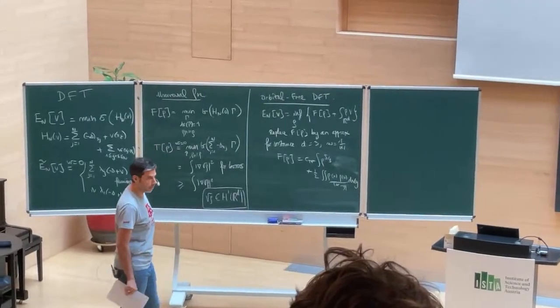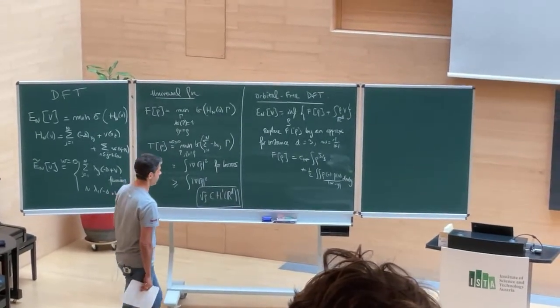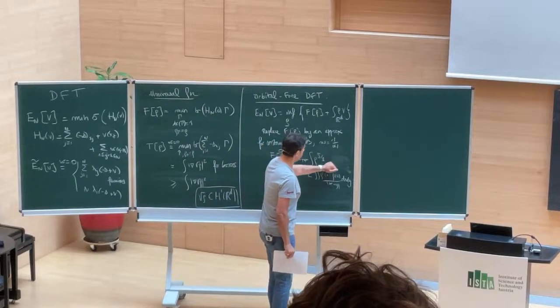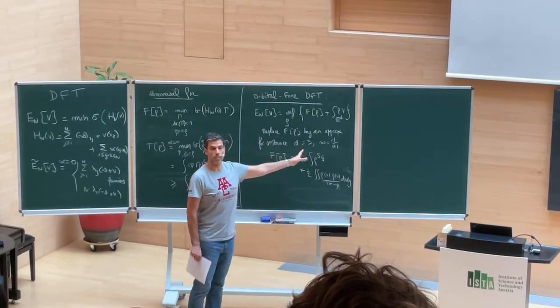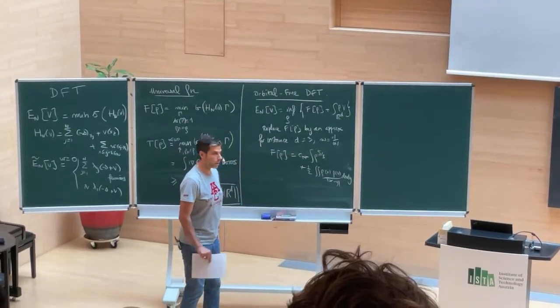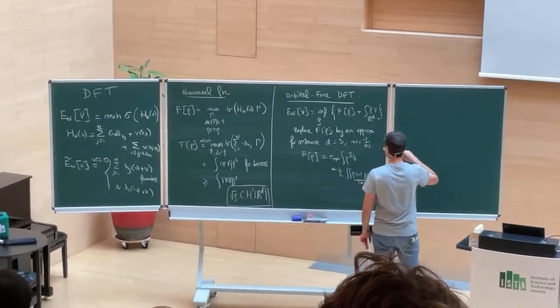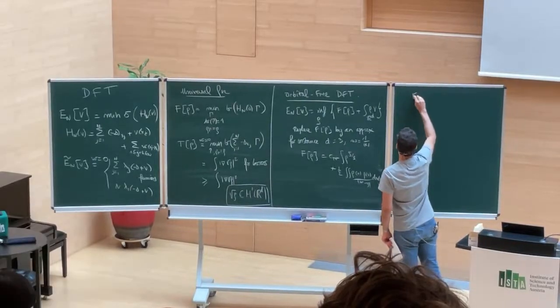Okay, that's Thomas-Fermi that Jan Philippe has been discussing a lot. Very good. Of course, it's way too easy if you want to make good predictions. And so then there is Kohn-Sham DFT.